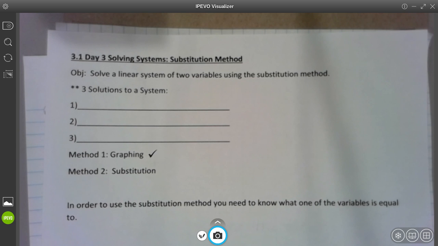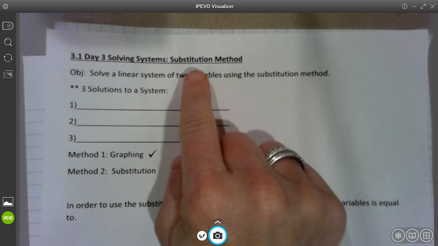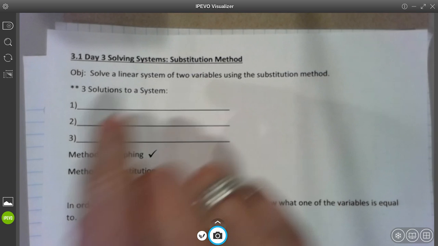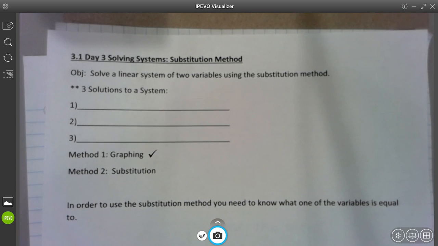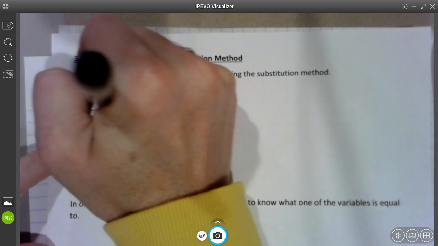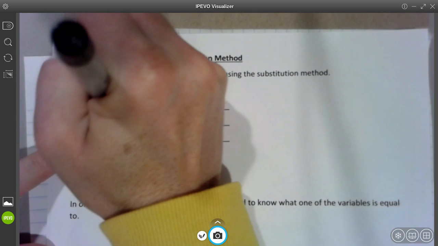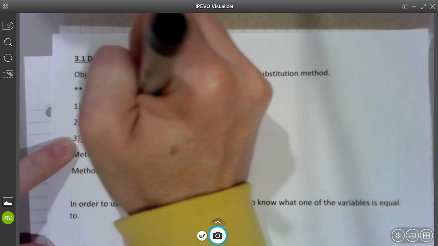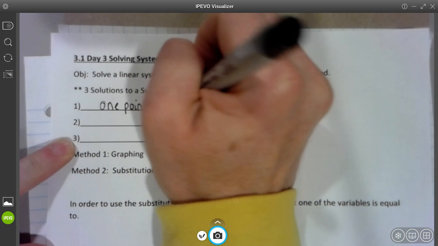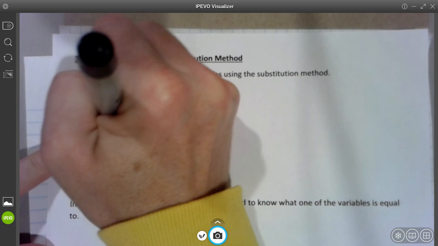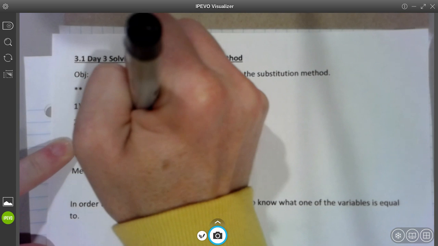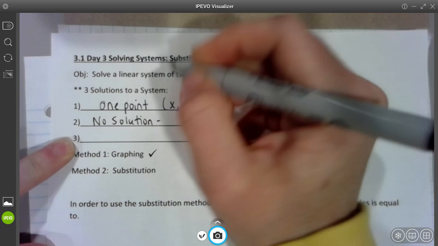All right, so again, I want you guys to understand, even though we're going to be solving a system by substitution, there's still only 3 answers that you can get when you go to solve a system. You're going to get 1 point. You're going to get no solution because they are parallel lines, and even though we're not graphing, we can still tell if they're parallel lines by the type of answer that we get.